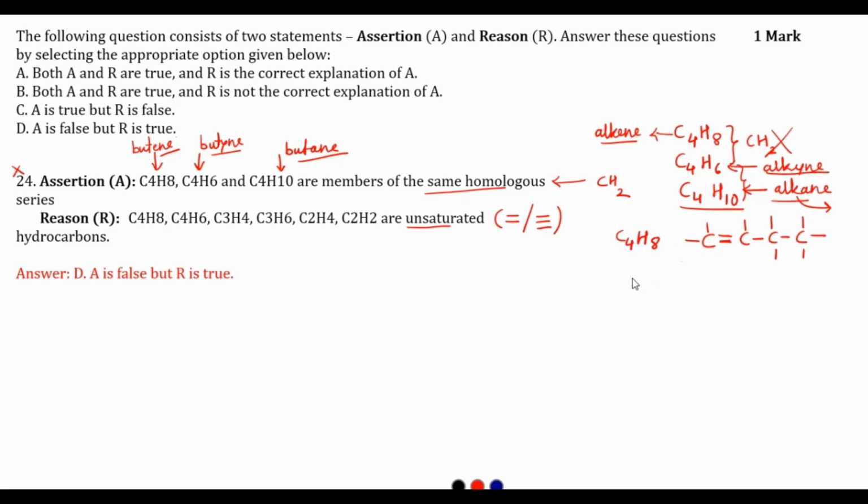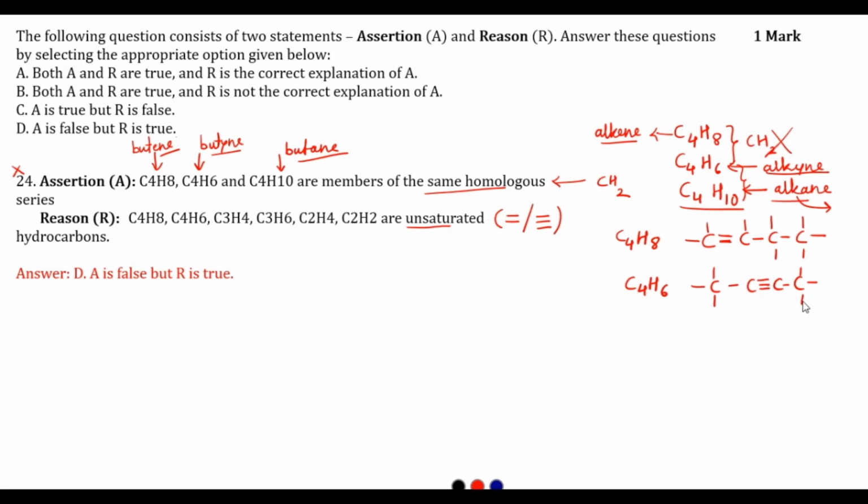It is correct. Now next I will draw C4H6. I will take 4 carbons and 6 hydrogens, meaning 2 again I have to remove. So C3, 1, 2, 1, 2, 3, 4, 5, 6. Done. Here I cannot put a double bond, so I will remove it. Here I will put a double and then I will put a triple.